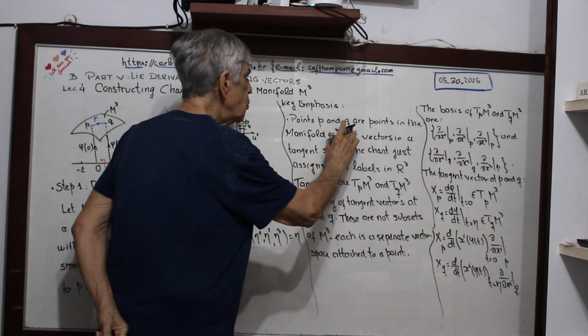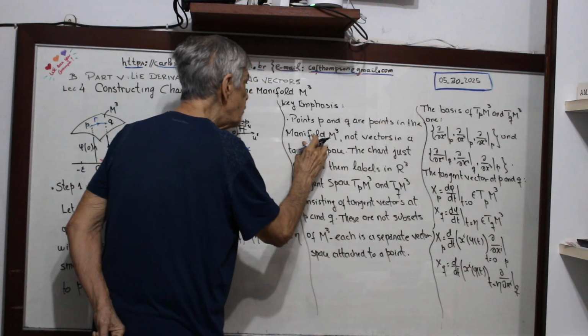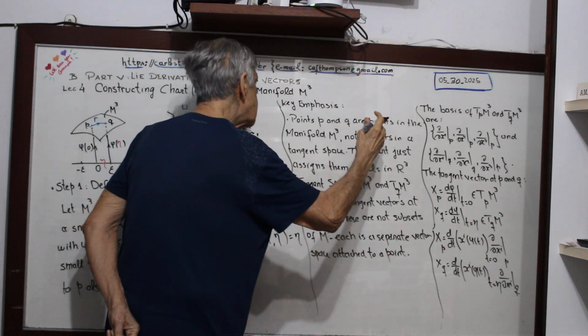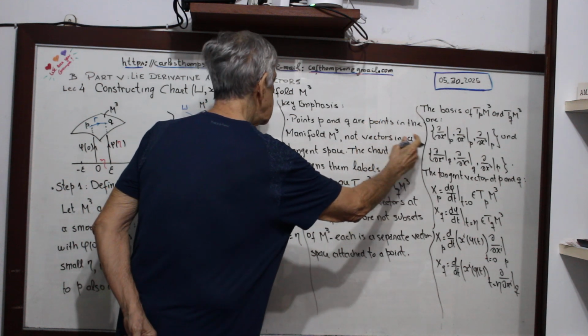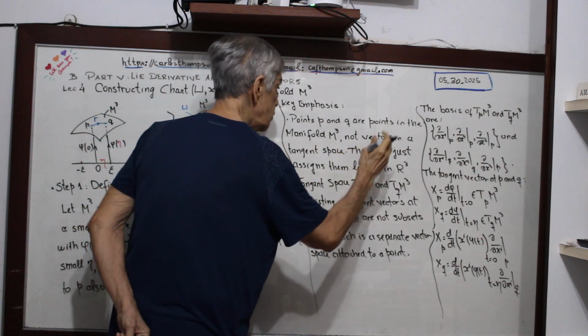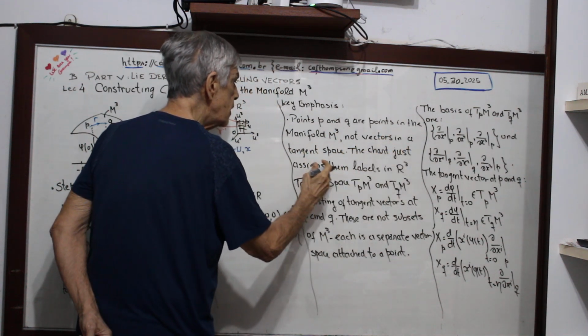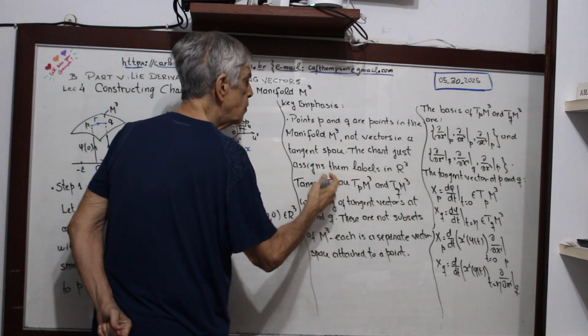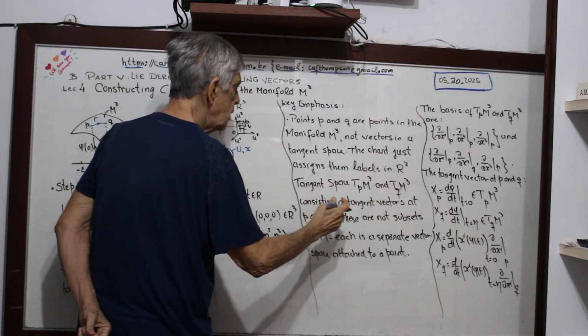Now, attention here, key emphasis: points P and Q are points in the manifold, not vectors in a tangent space. The chart U just assigns this label in R3.